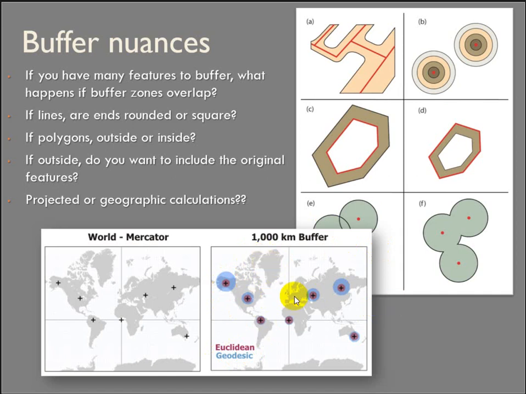You can see that Greenland is bigger than Africa, which is clearly not true. So we have a bunch of distortion going on here. The geodesic is taking that into consideration. And so the blue buffers in real life are all the same size, whereas the red is allowing the projection to distort the area of your buffer.